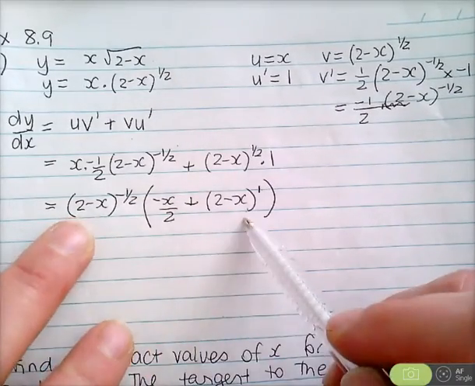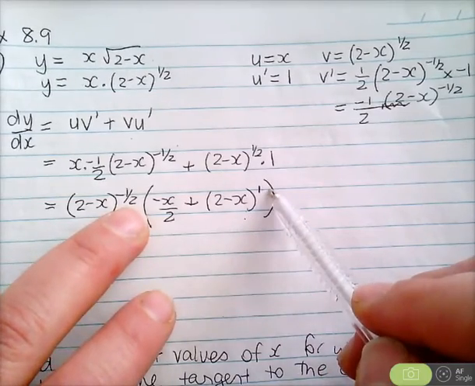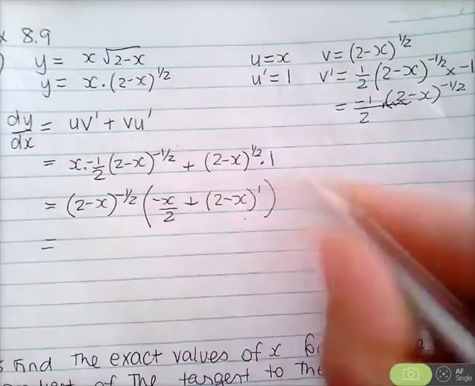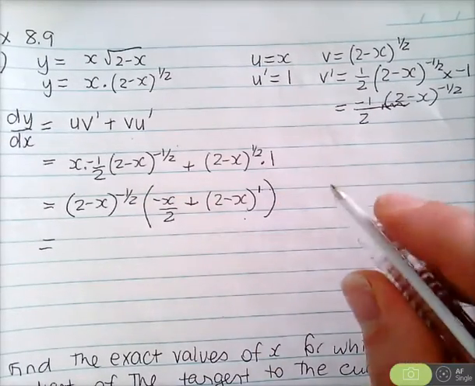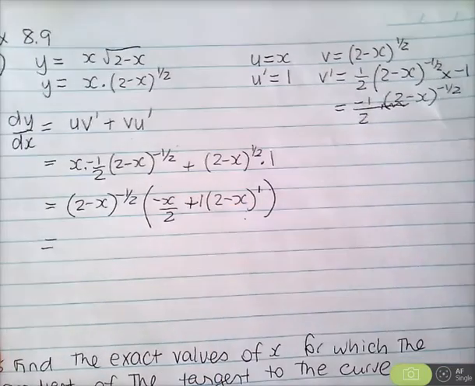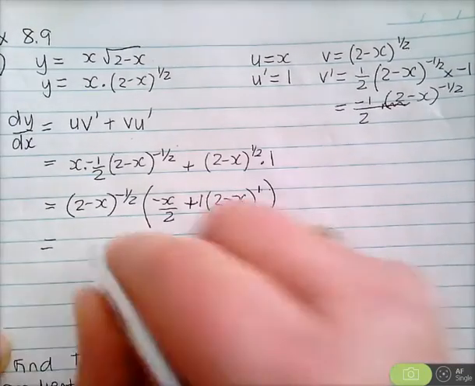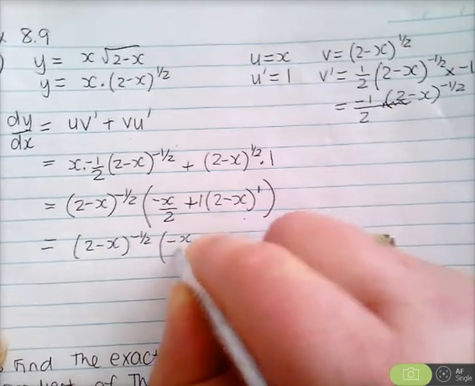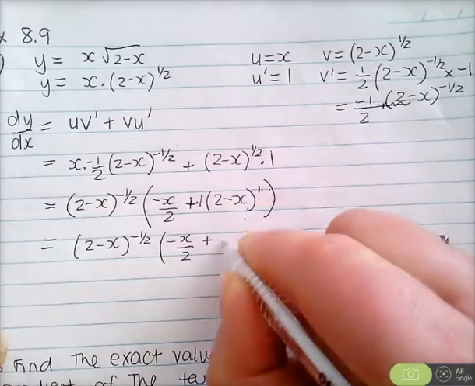The bases are the same, so we add the negative a half and the 1 to give us positive a half. Now wait, that 1 may as well not be there. Times 1 doesn't make a difference. So you've got 2 minus x to the negative a half, negative x on 2, plus, open your brackets, plus 2 minus x.